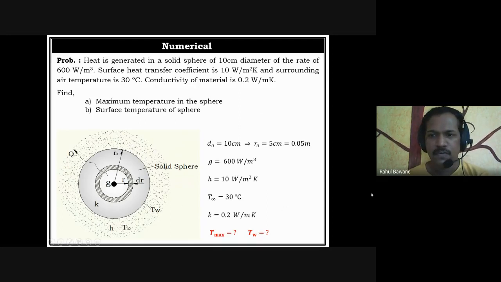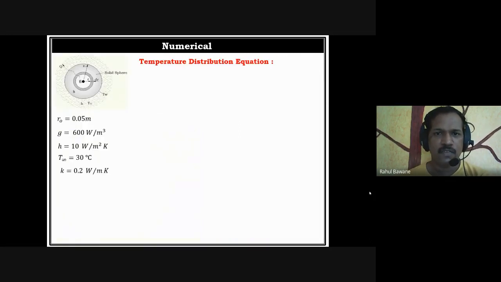So let us see. First we will derive the temperature distribution equation for a sphere when there is a convection part. In the previous part we saw the temperature distribution equation when there is no convection part. This is our schematic and the given data is here.